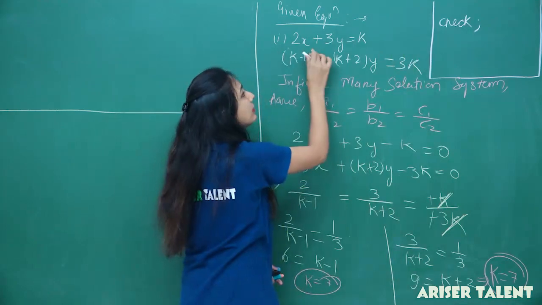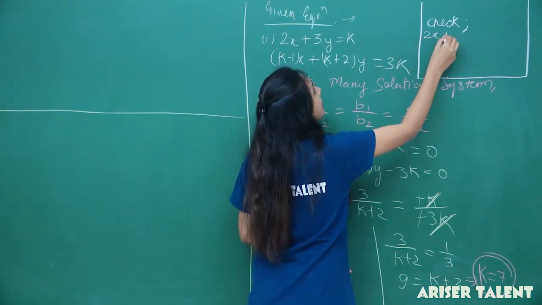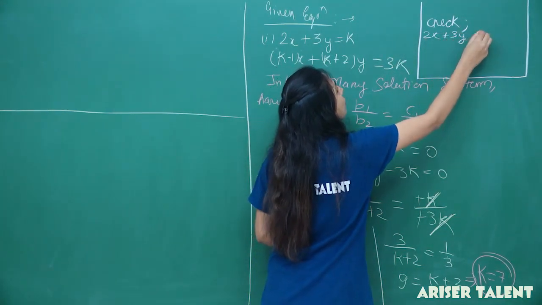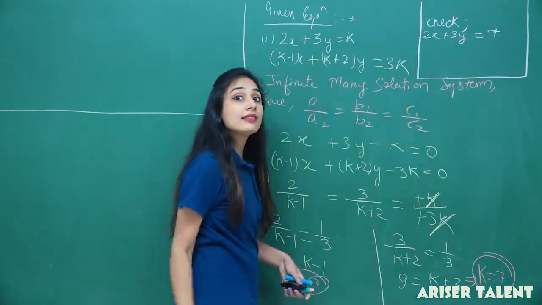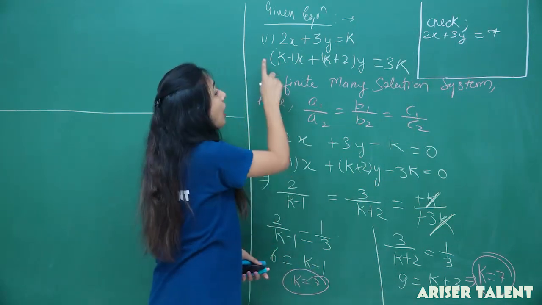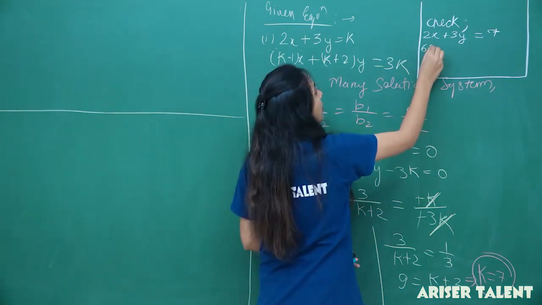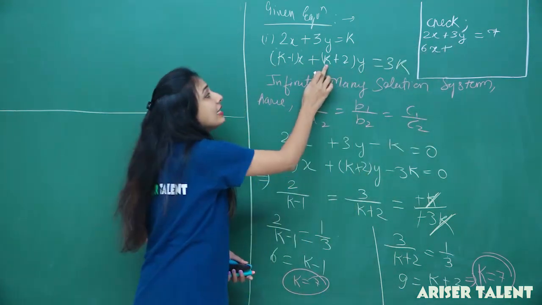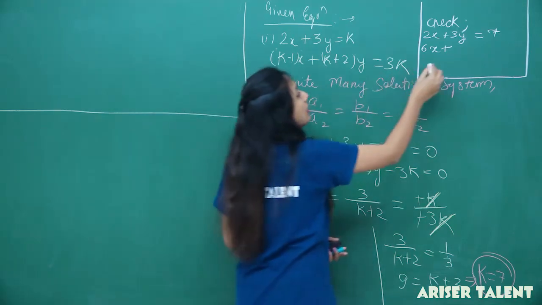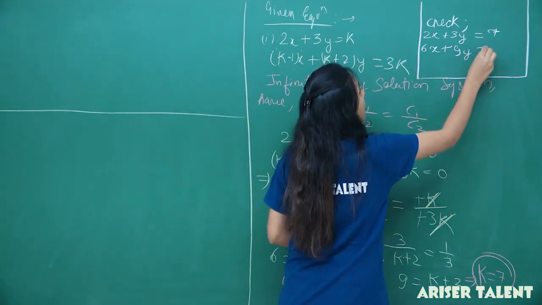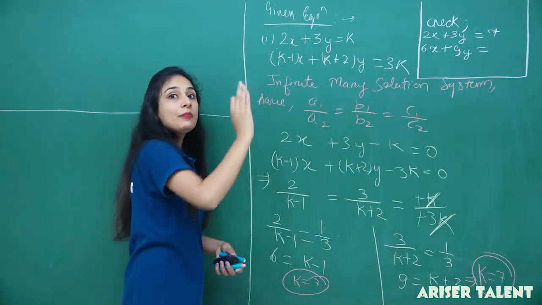Now this is 2x plus 3y equals 7, because k is 7. Now 7 minus 1 is 6x. Now 7 plus 2 is 9y equals 7 multiplied by 3.